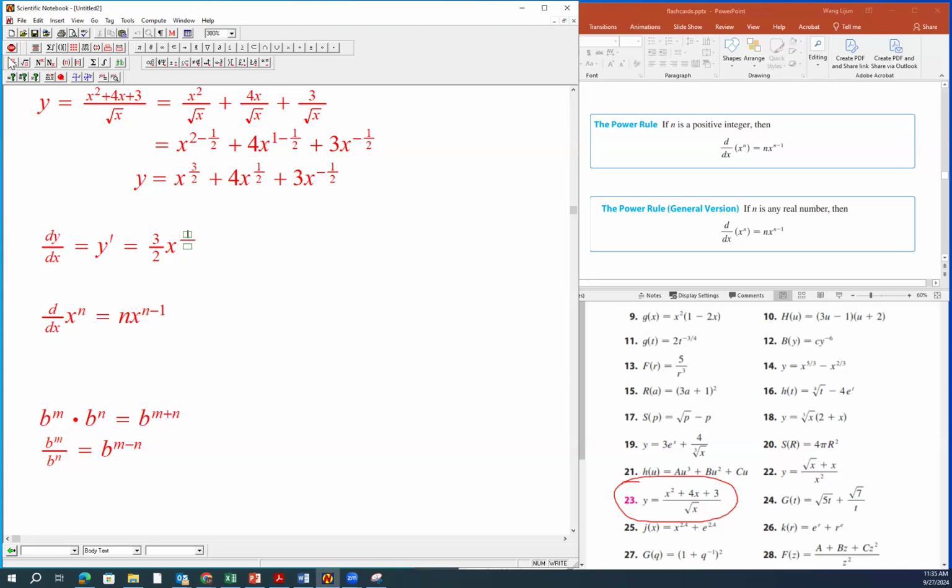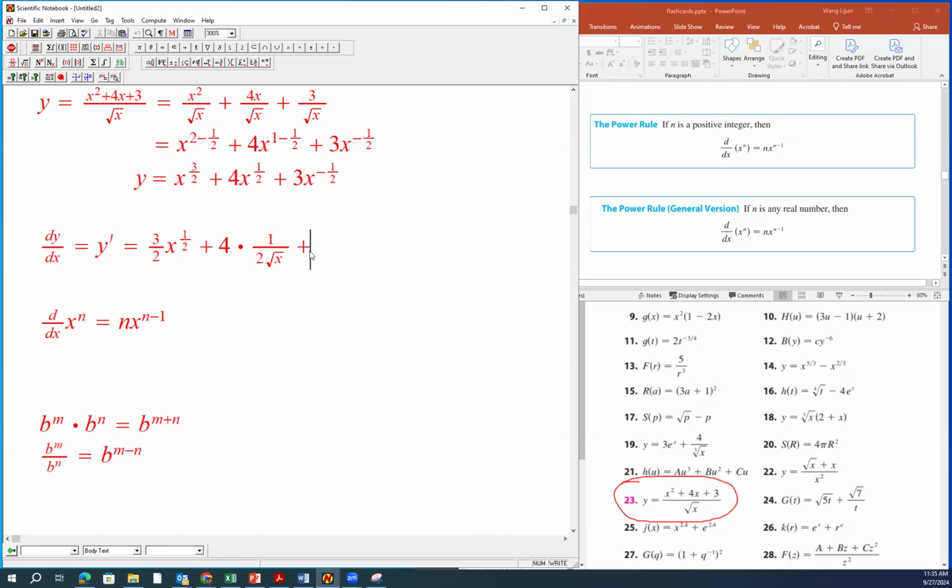Okay, so 1 over 2 plus 4 times the derivative of x raised to the power half is 1/2, right? We can also just do this: the derivative of square root of x is 1 over 2 times square root of x.